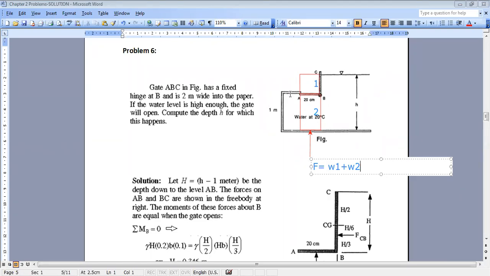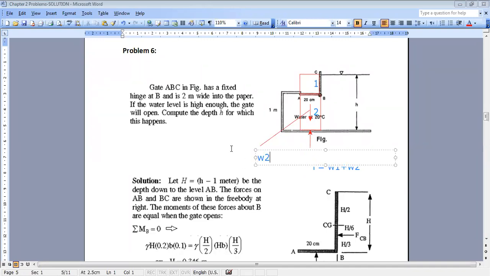So now, when I do the balance of forces, I have W1 plus W2. And the weight of my control volume is downward, equal to what? The weight of my control volume is W2. Okay? So I can replace this force, which is the weight of my control volume, by W2.